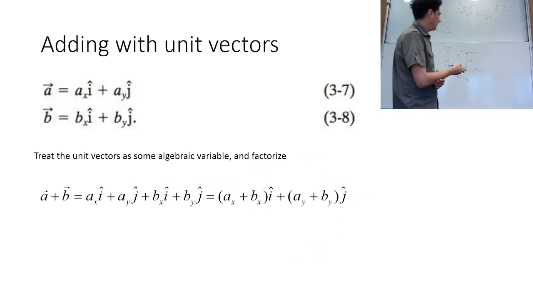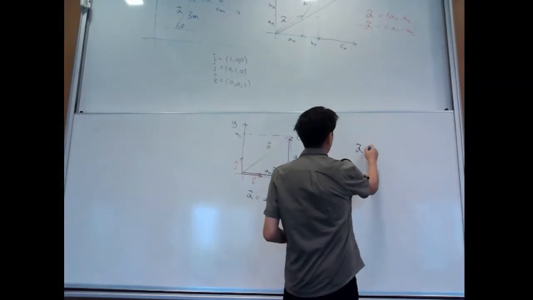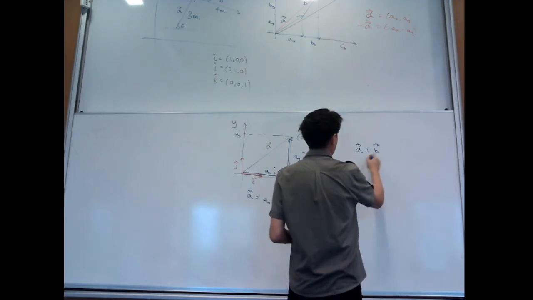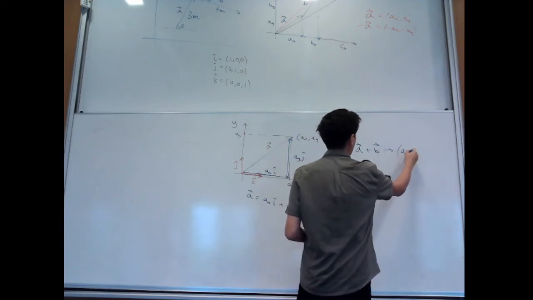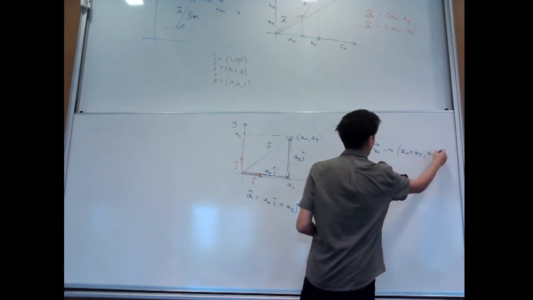And for those of you who are used to just adding vectors with coordinates, this is perfectly obvious, because when you're adding two vectors like this, in terms of the coordinates, we know that it's ax plus bx, ay plus by.